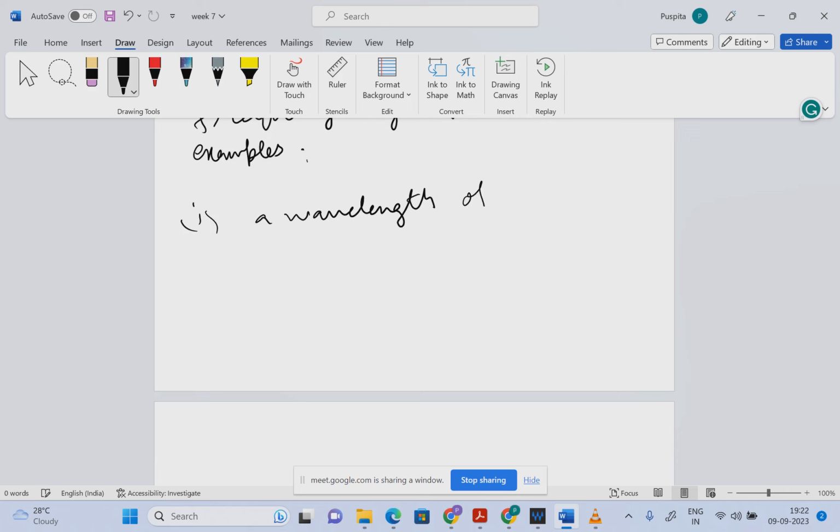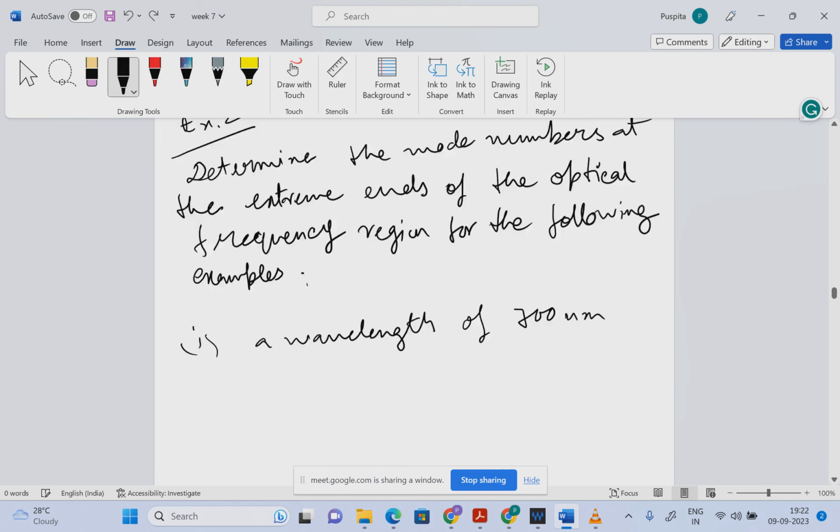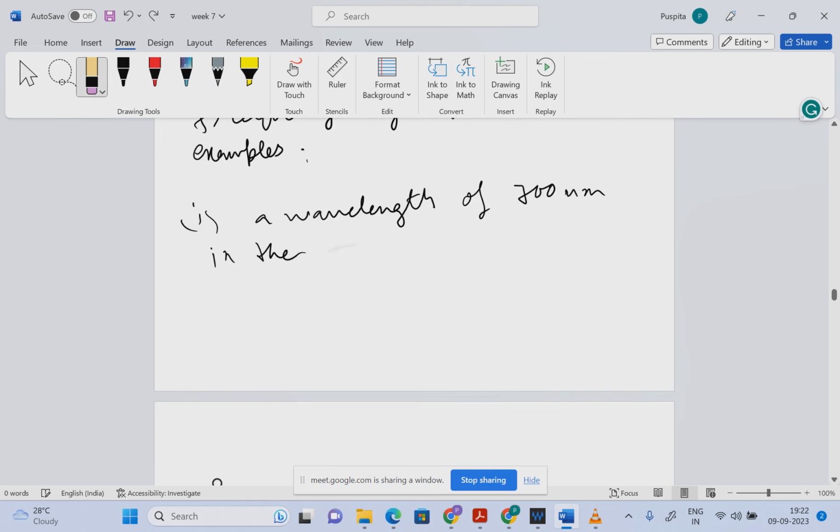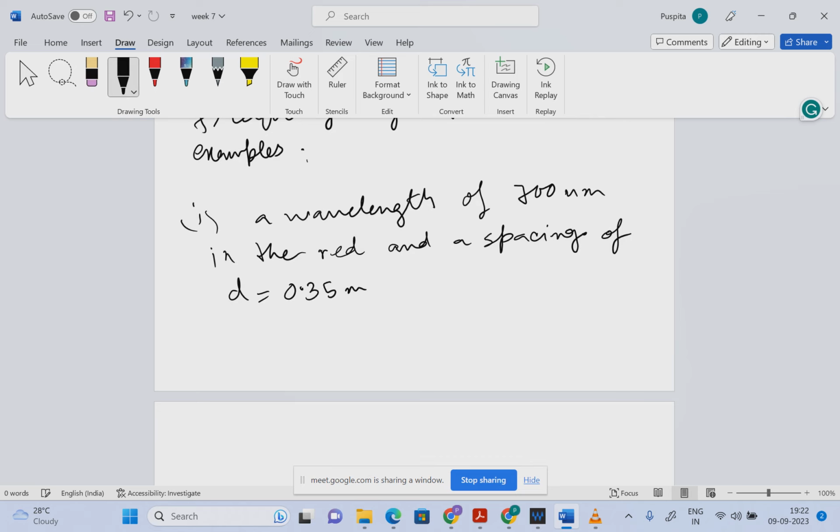Wavelength of 700 nanometer in the red and a spacing of 0.35 meter.